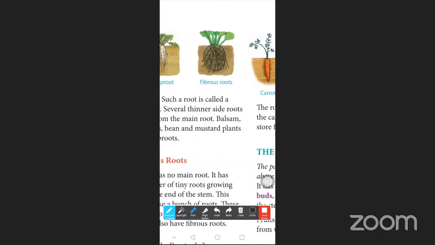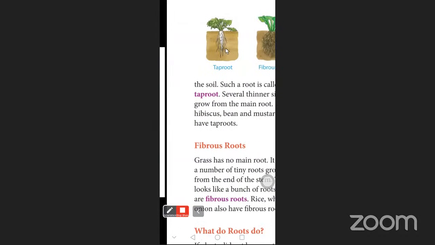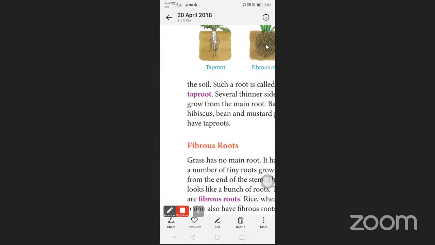Okay, these all are examples of the fibrous root system. A taproot system has a main root, but in a fibrous root system there is no main root. It has a bunch of roots. So this is the difference between taproot and fibrous root systems.